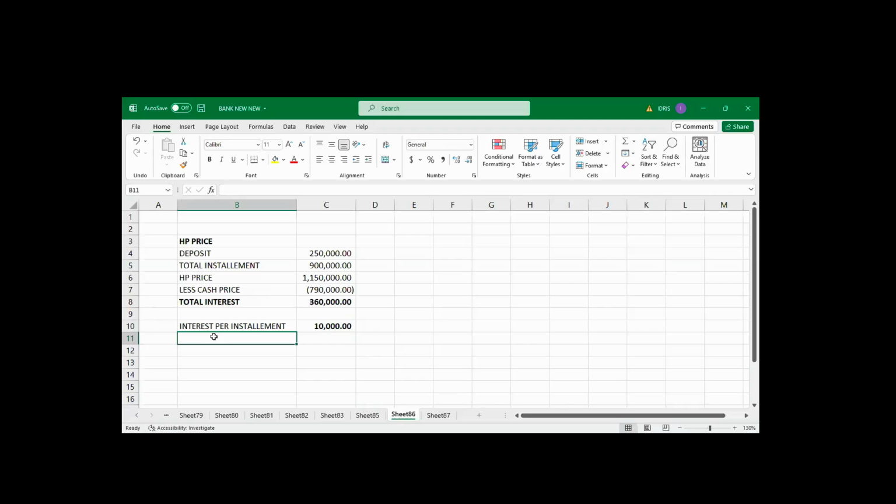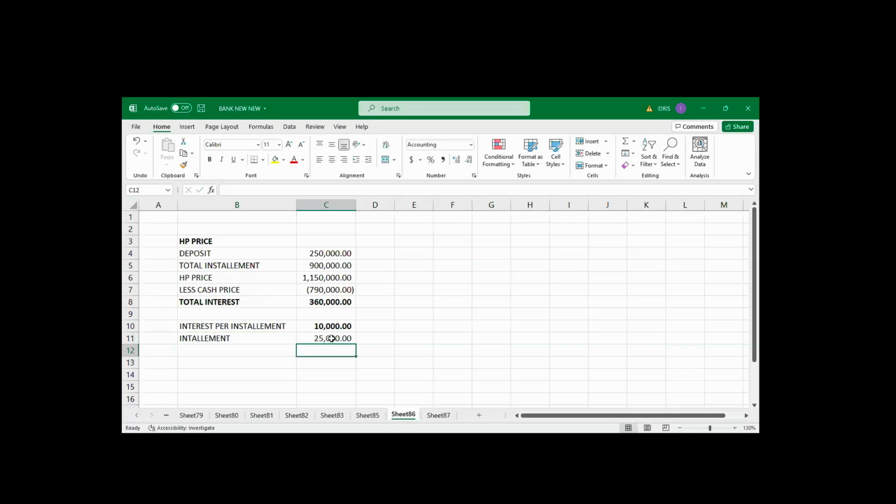Now, since we know the interest per installment, we need to get cash installment. Every time he's paying an installment, how much is it? 25,000. That is the installment he normally paid.